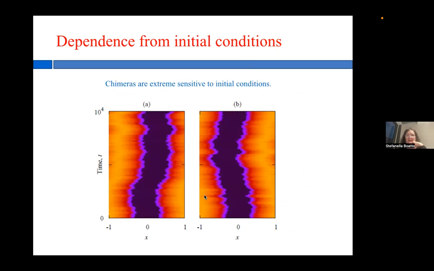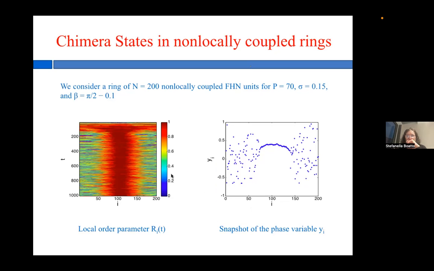And what about the other variable? It has the same fluctuation. You can see that in the coherent domain, the values of the units, the first variable, are almost the same, while in the incoherent domain they fluctuate between -1 and 1.